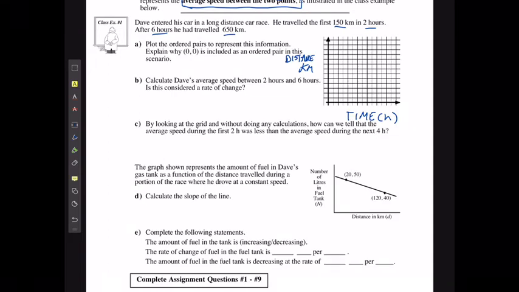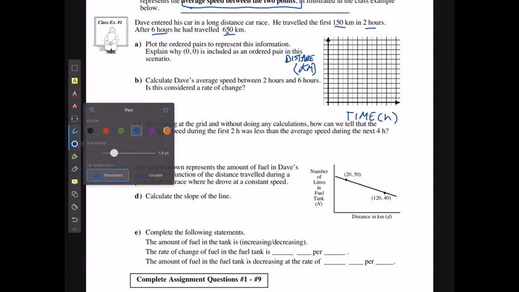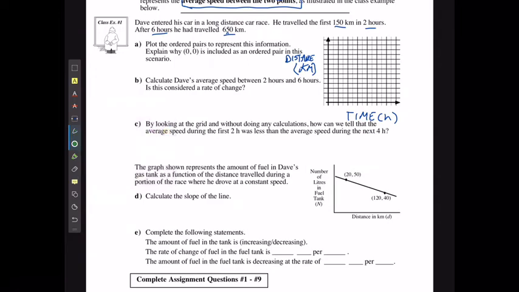Then I need to figure out how I can fit all this data in. Well, we know that the distance goes all the way up to 650, which means that I'm going to start at 0, and then if I have 1, 2, 3, 4, 5, 6, 7, 8, 9, 10, 11, 12, 13 lines, then every line is going to be worth 50, or every second line is going to be 100.